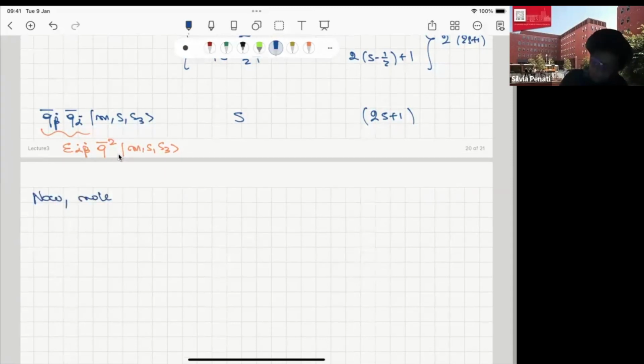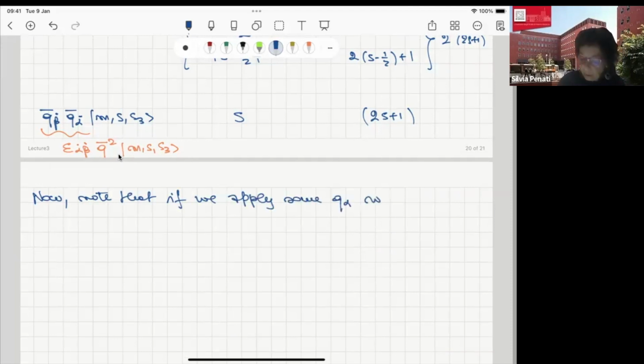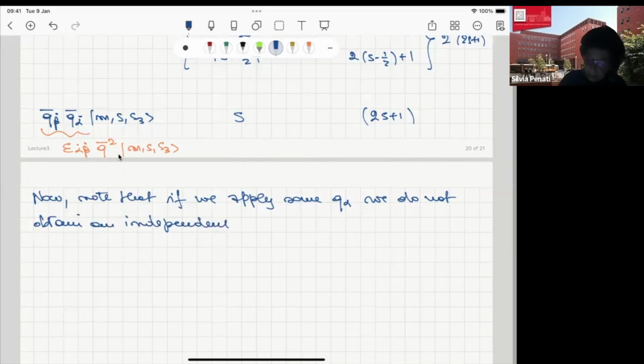So now note that if we apply some Q, we do not obtain an independent set of states. Why?